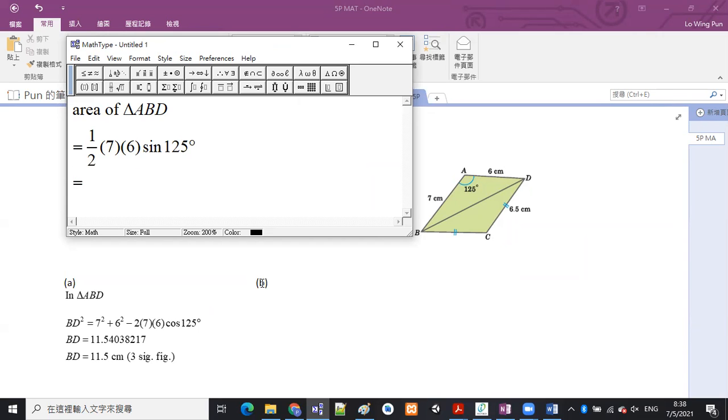And then that is equal to the calculator, should be 17 point something. Okay, and save this to memory B.